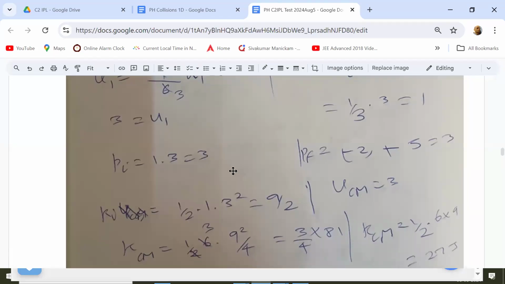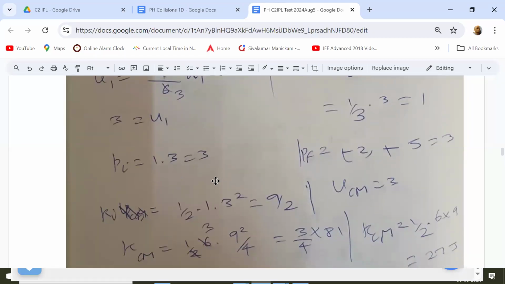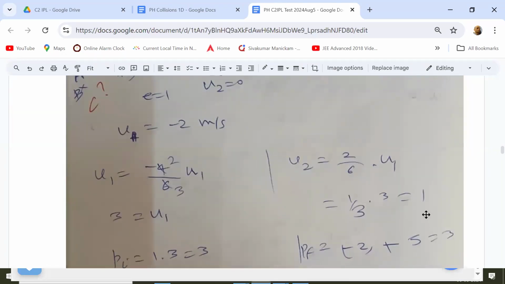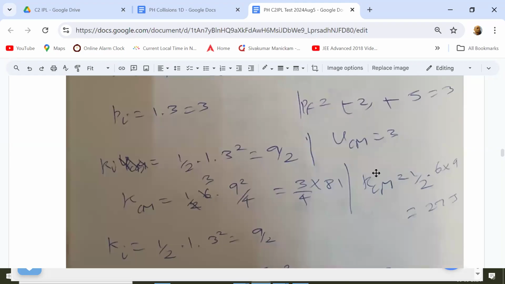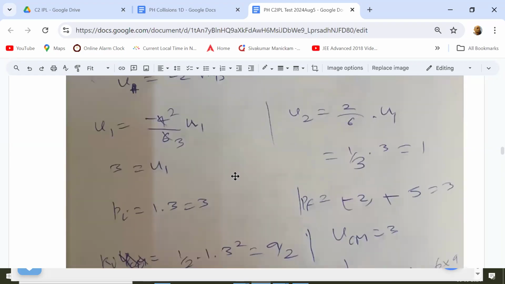I can get the velocity of center of mass using the initial velocity, and I can also use the final velocities, -2 and 1. Minus 2 into 1 is -2, plus 1 into 5, that is plus 5, by the total mass, that is 3 by 6, half.